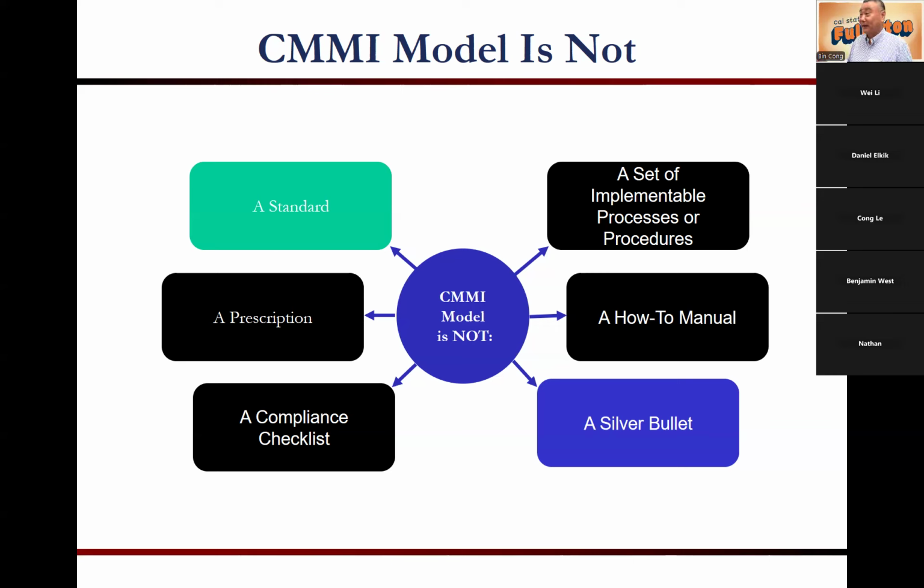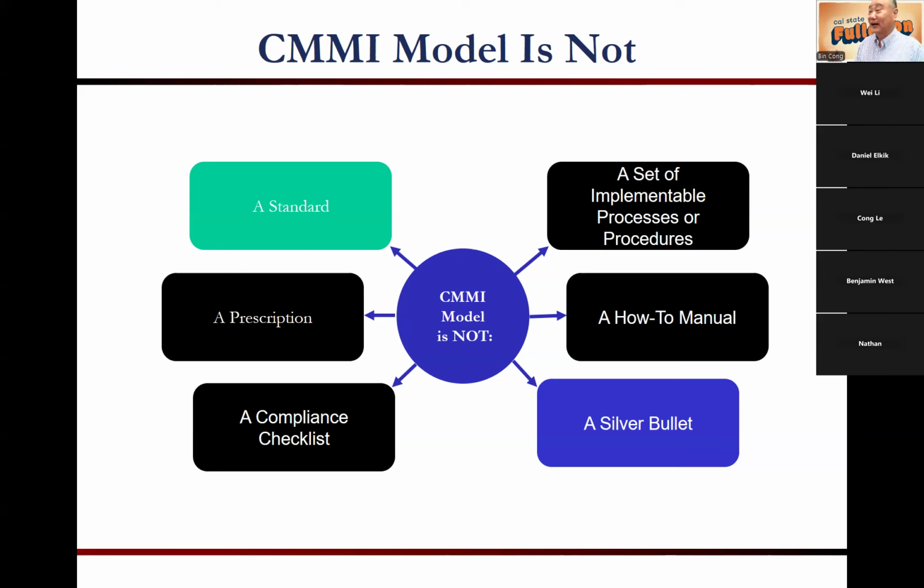Very important: CMMI is not a silver bullet. It has value, but it's not like at level 5 you're going to do everything right. The SEI, now the CMMI Institute, never makes any commitment. If you're level 5, what kind of quality does that mean? No guarantee. It's basically an improvement tool.